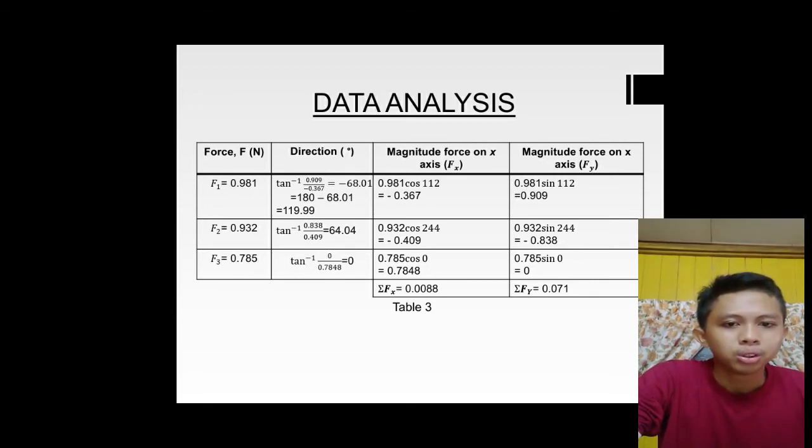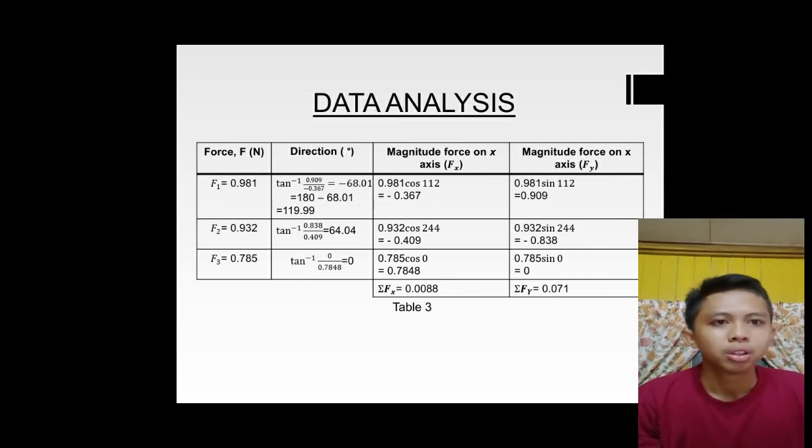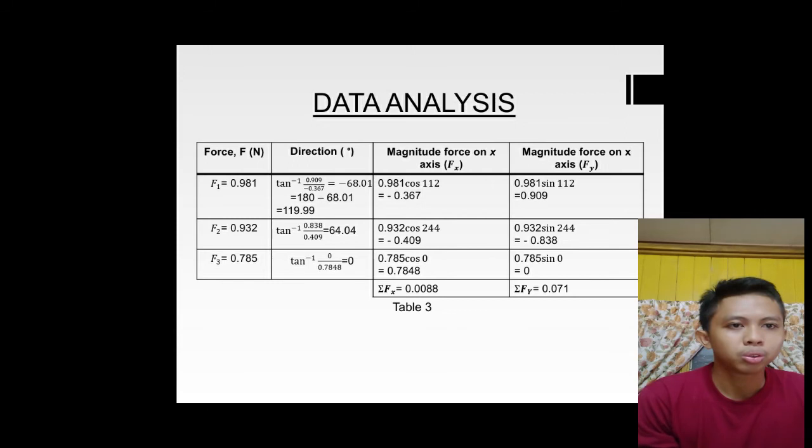Force 2: 0.932, resultant, force on the X axis Fx equals 0.932 cos 244, resultant negative 0.409; force on the Y axis Fy equals 0.932 sin 244, resultant negative 0.838.